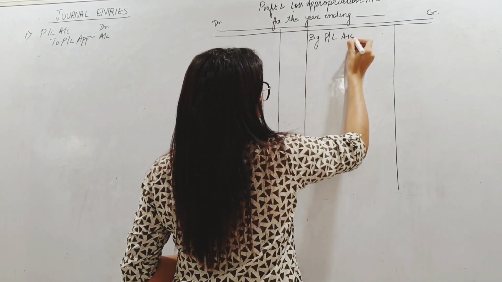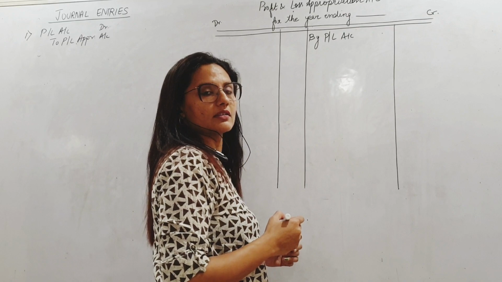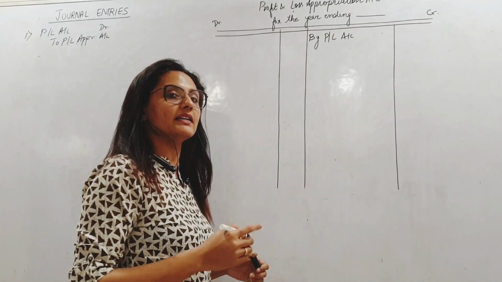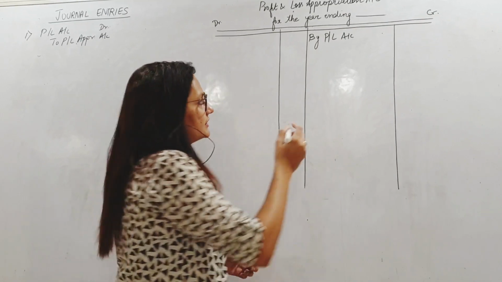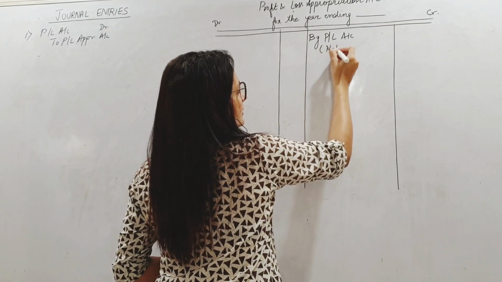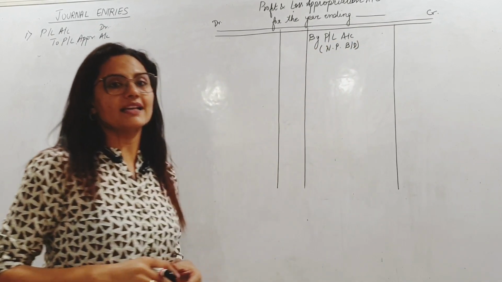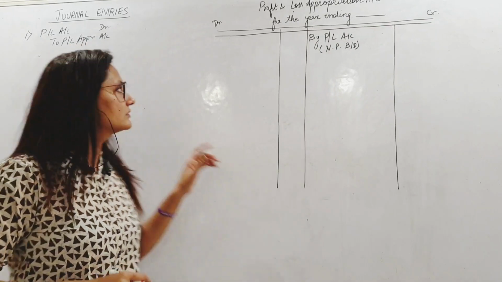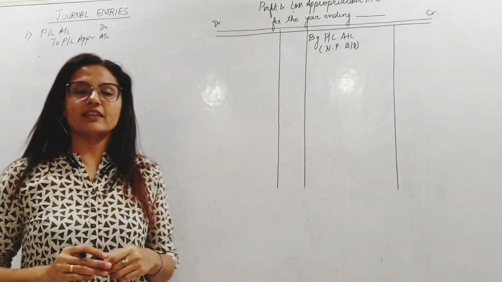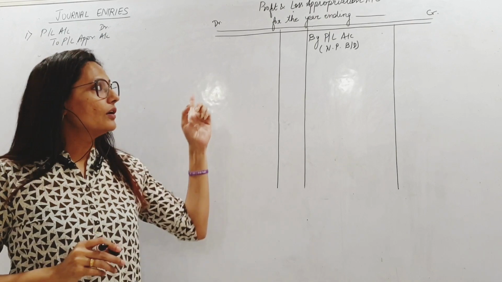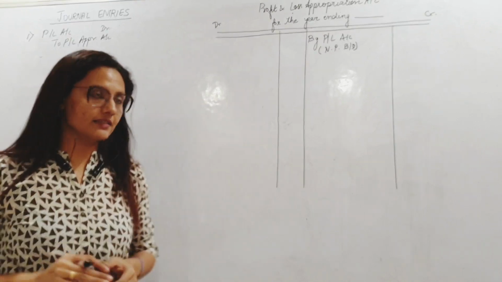I have to write here by profit and loss account. I cannot write here by net profit brought down. That, if you want, you can write it within brackets, but not as an account. We follow the journal entry, and the council is very particular about all these small nitty-gritties.